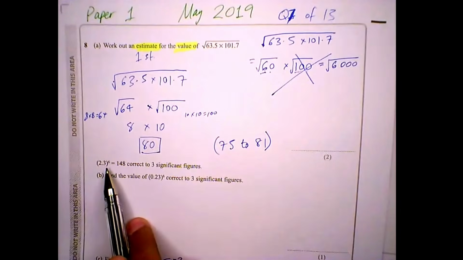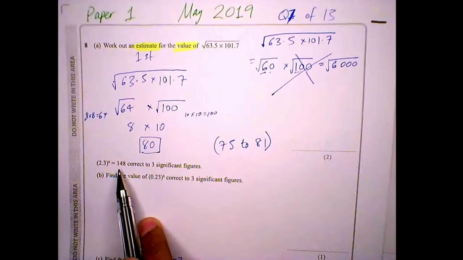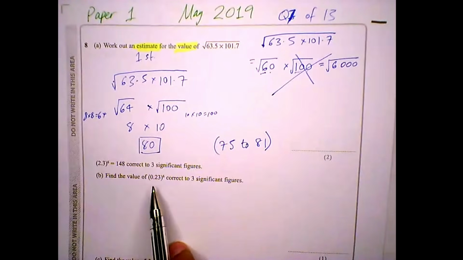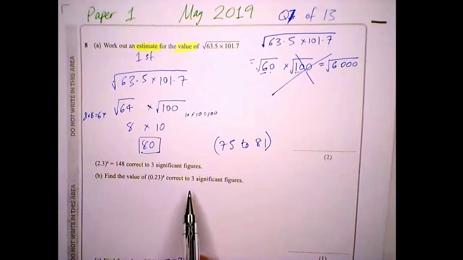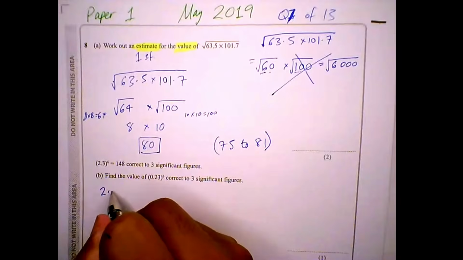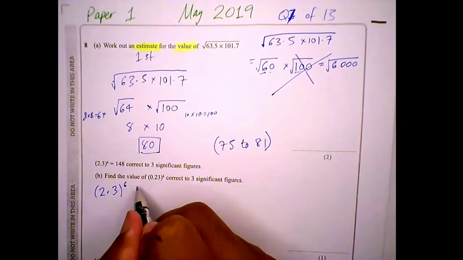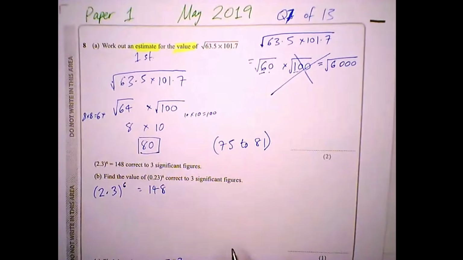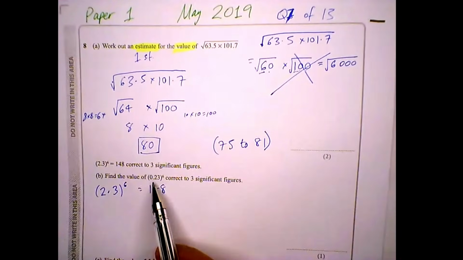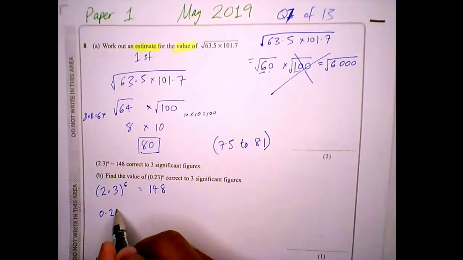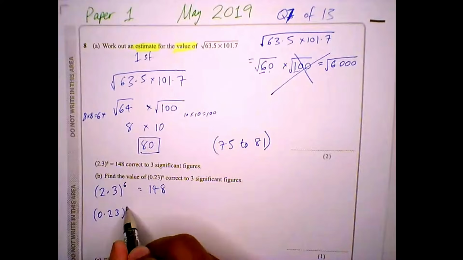Okay, 2.3 to the power 6 equals 148, correct to 3 significant figures. Find the value of 0.23 to the power 6, correct to 3 significant figures. So I'm just going to write these next to each other. 2.3 to the power 6 equals 148. Then I'm going to write 0.23 to the power 6.